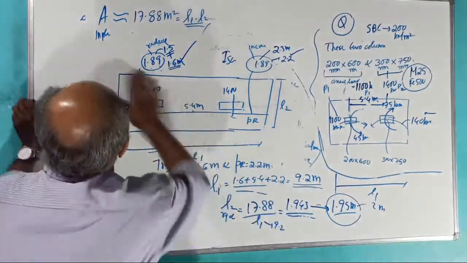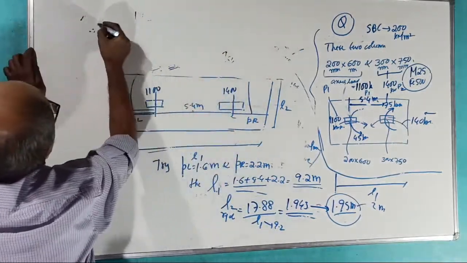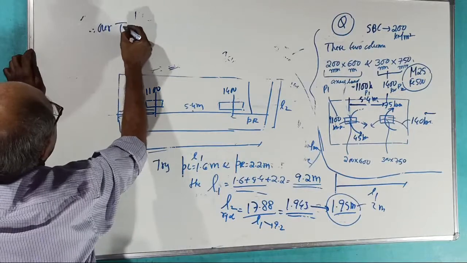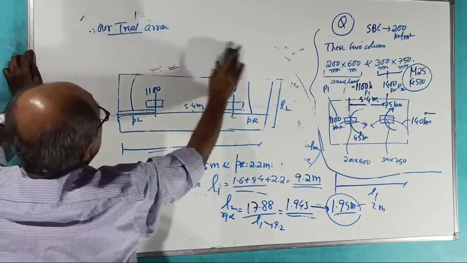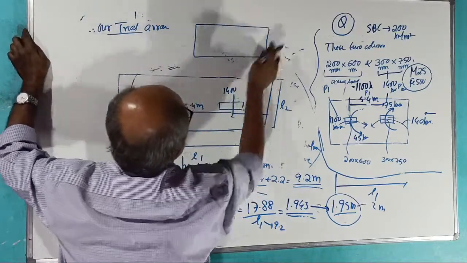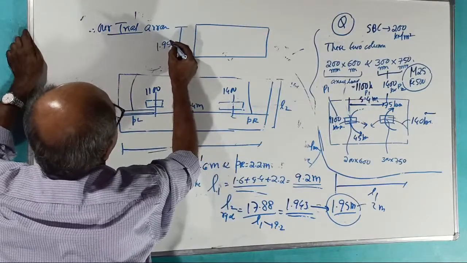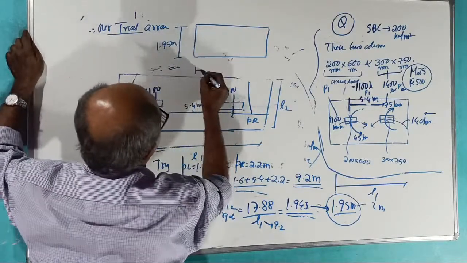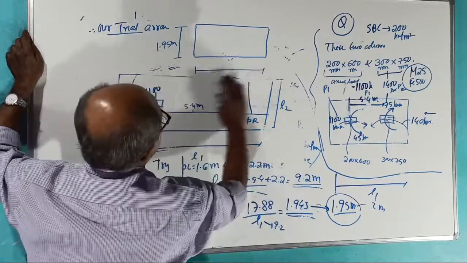Therefore, see now, our trial arrangement is 1.95 meter by 9.2 meter.